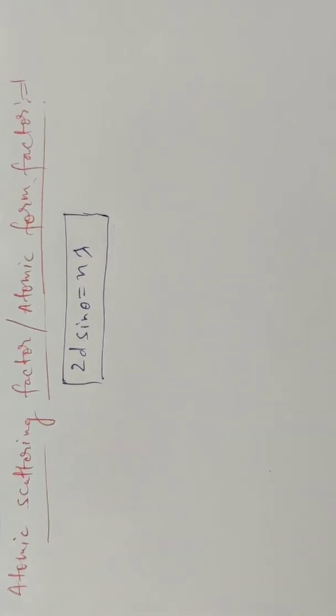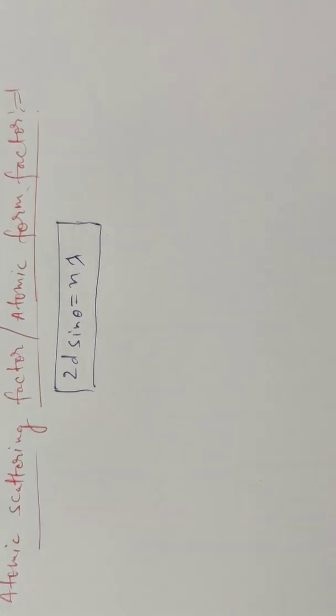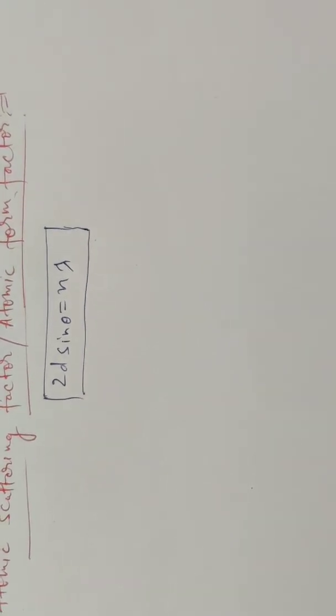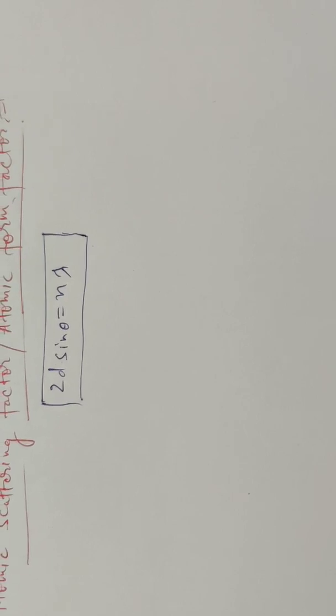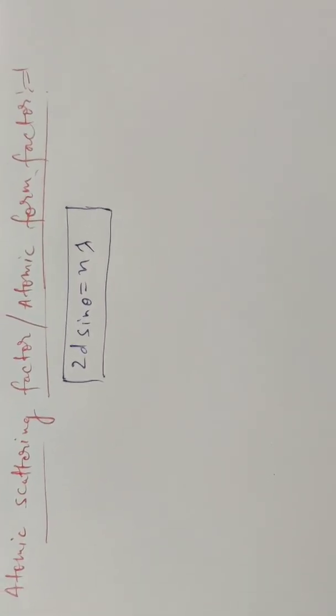This X-ray diffraction is the constructive interference of the waves scattered from your lattice points, or you can say point electrons arranged in the crystal lattice.